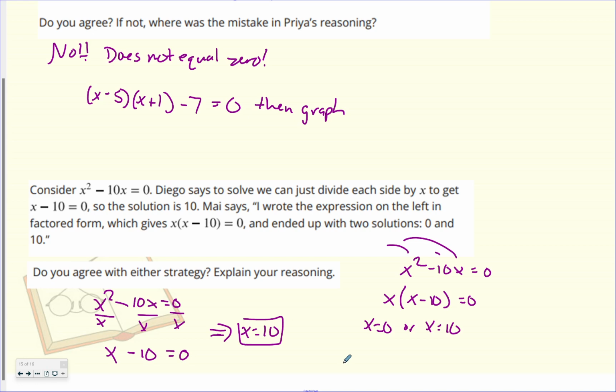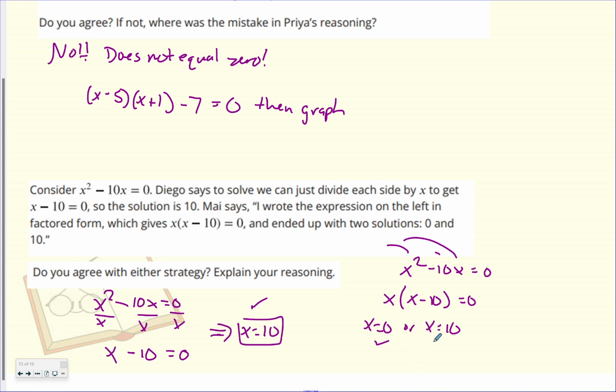Well, if you compare the results here, 10 certainly does work, right? You get 100 minus 10 times 10. Yep, that works. But here, 0 also works, doesn't it? Because 0 minus 0 is 0.